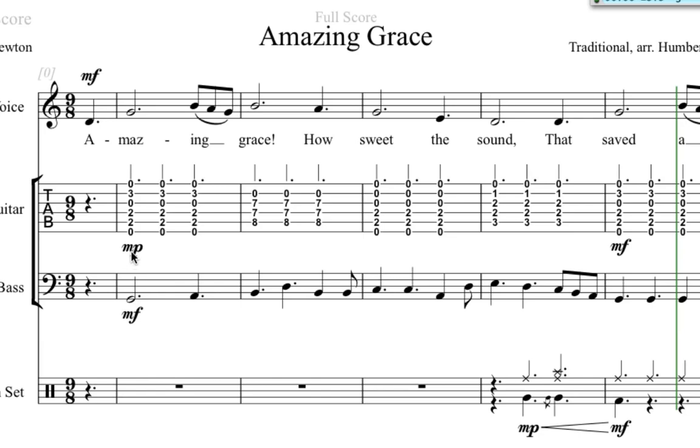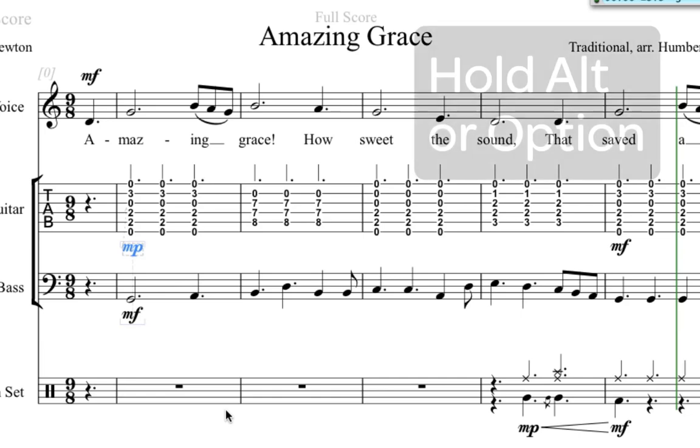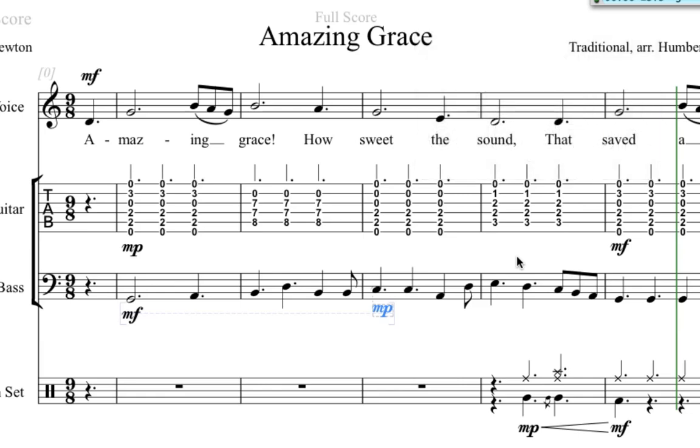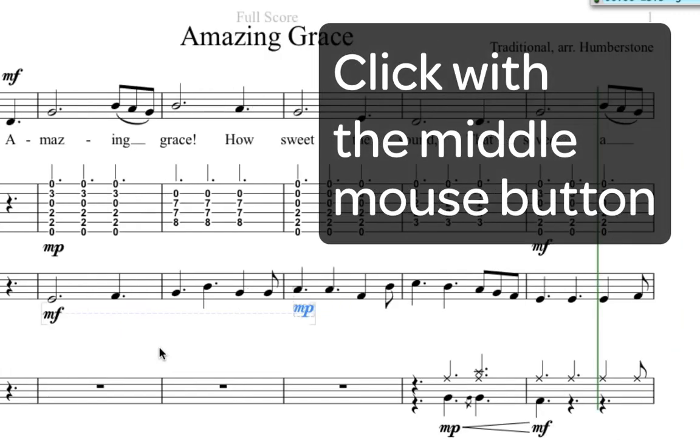To quick copy, you simply select the object you want to copy, for instance, the MP in the guitar part at the start, and then hold down Alt, or Option on a Mac, and click where you want it to be copied. Only 2 steps. In addition, if you have a 3-buttoned mouse, you can click with the middle button, which is often also a scroll wheel, to copy without needing to hold the Alt key at all.